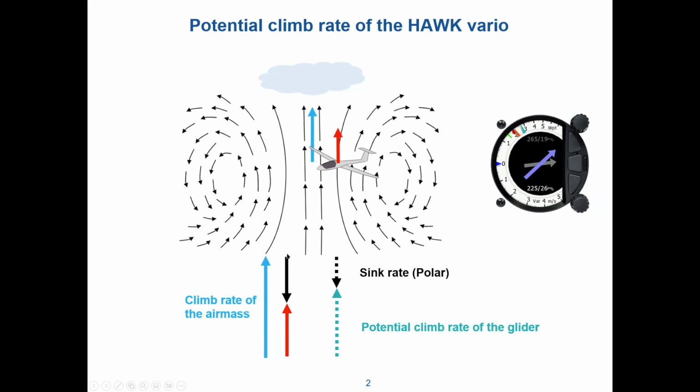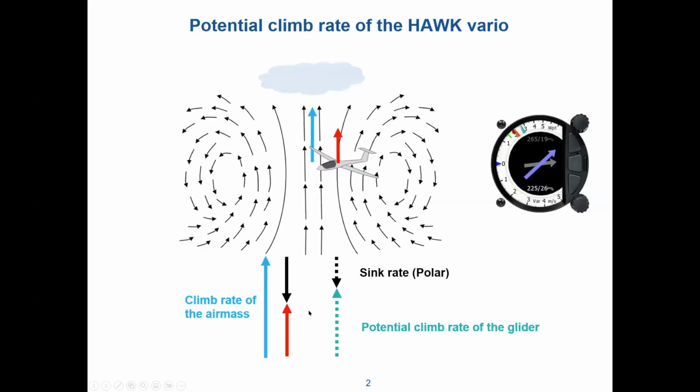From the climb rate, we subtract or compute the real sink rate and obtain the climb rate of the glider. If you view it as a triangle, then we have here wind, airspeed, v ground. That's a bit difficult to understand, but that's what it does.